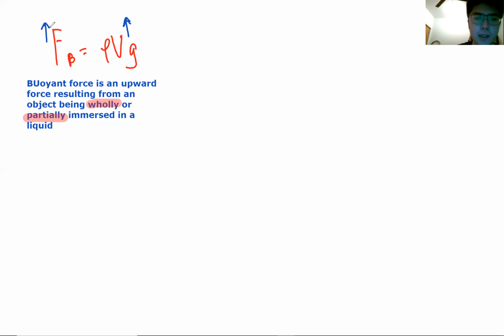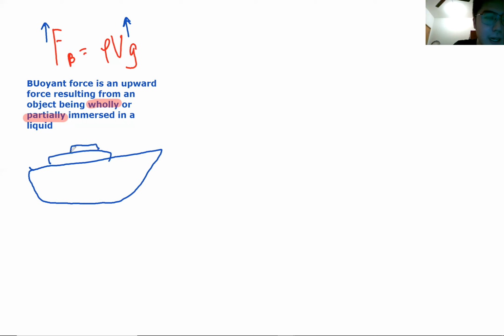How do I know this? You look at the design of ships. The body of a ship is very big, right? And it's sometimes hollow inside, it's air, this one, the hull of the ship. Why does it have to be made so big? Because it simply wants to increase the volume of the submerged section.